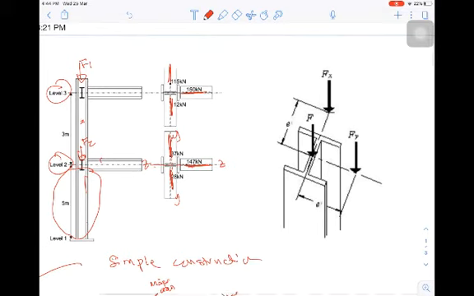for example, I'm taking this value here, 147, and the distance is the half of the depth, which is h over 2 plus 100.